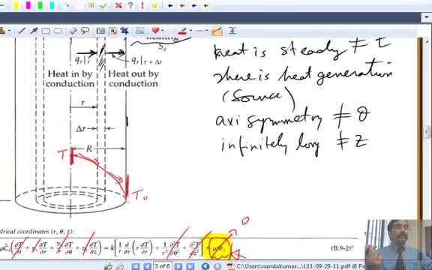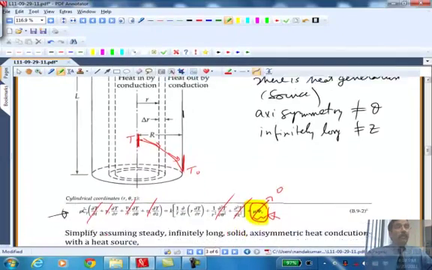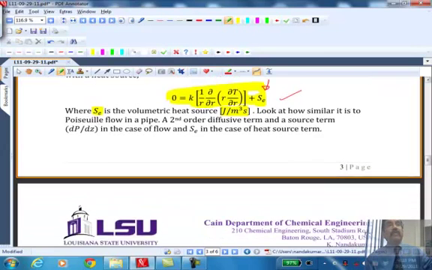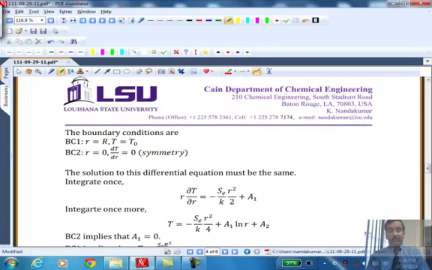Mathematically, you can look at the similarity between this and the Poiseuille flow. What are the boundary conditions? The boundary conditions, as I said, at the outer boundary at r equal to R, the temperature is T0. Think of that as the ambient temperature, room temperature. Okay? And at the center, dT/dr equal to 0, the symmetry condition.